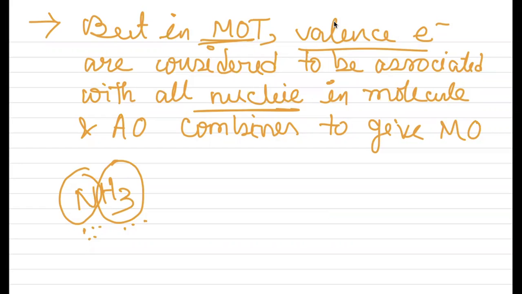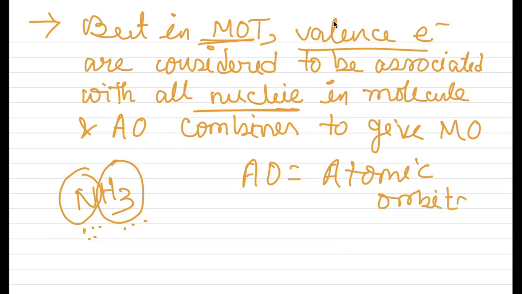In a molecule, atomic orbitals combine to give molecular orbitals. Here AO means atomic orbital and MO is molecular orbital.